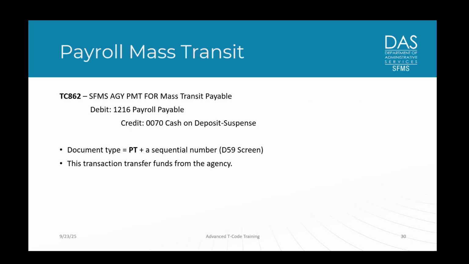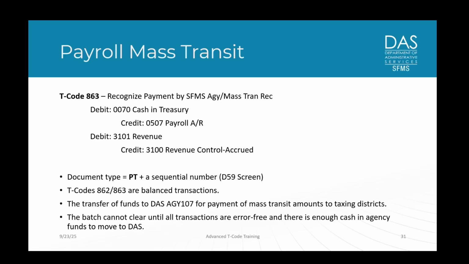So T-code 862, mass transit payable, will debit payroll payable and credit cash. It goes as document type PT and continues the sequence number from the D59 screen. This transaction transfers funds from the agency. And then T-code 863 goes at the same time, recognizing payment by the SFMS agency for the agency's mass transit.